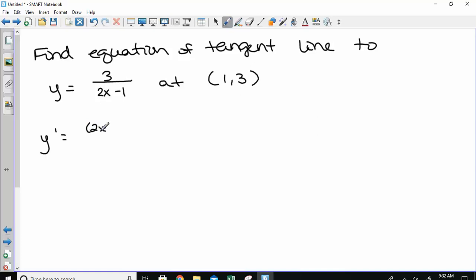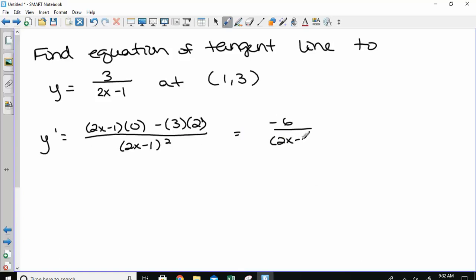So we have to do quotient rule. So low d high minus high d low over low squared. So then we need to get our actual slope, we have to plug in our x. Our x was 1.